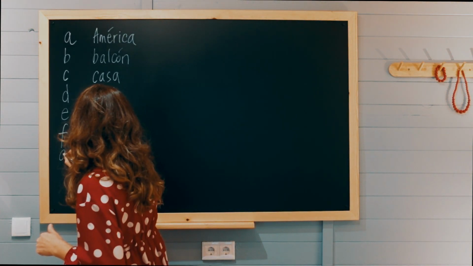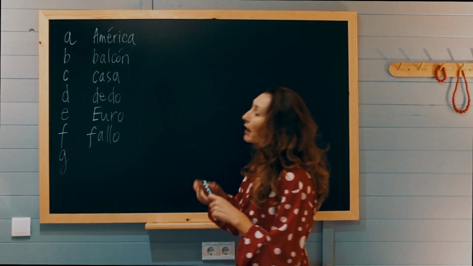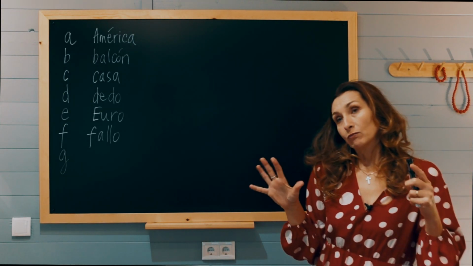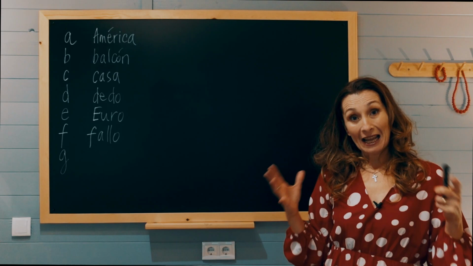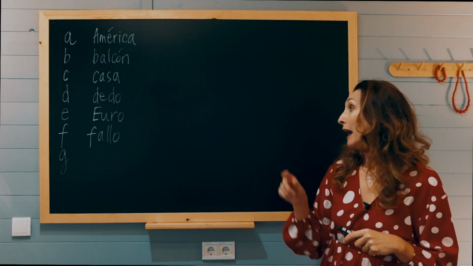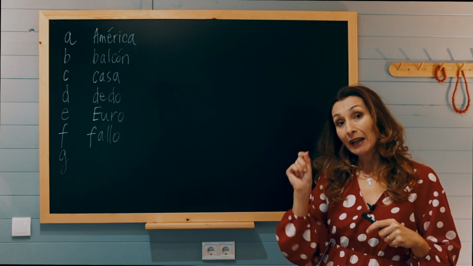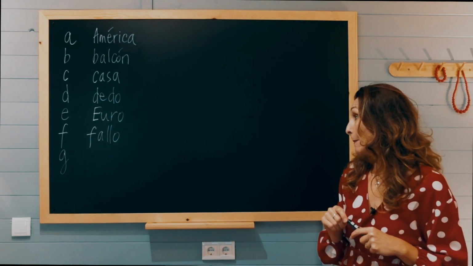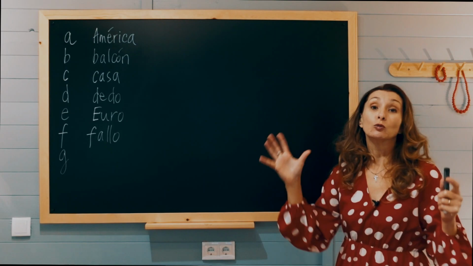G. Same as with the letter C, G has what we could call the standard pronunciation, and then in some cases that pronunciation changes and we do not pronounce it the normal way.